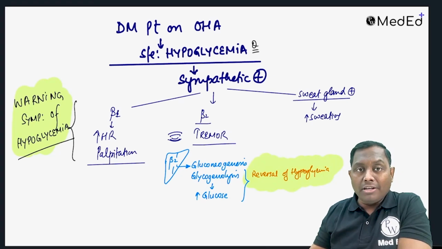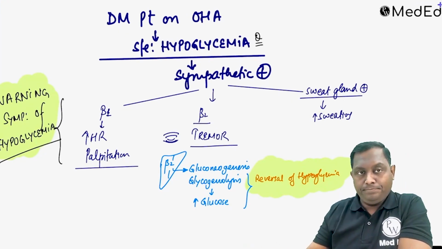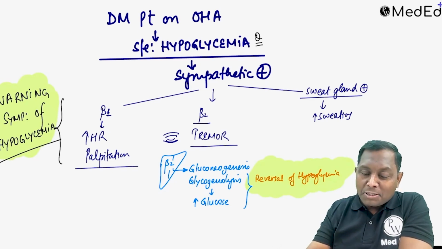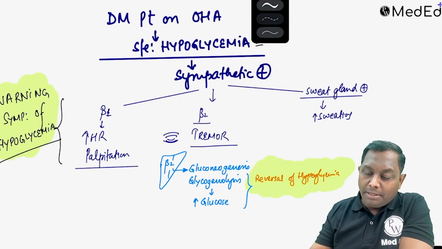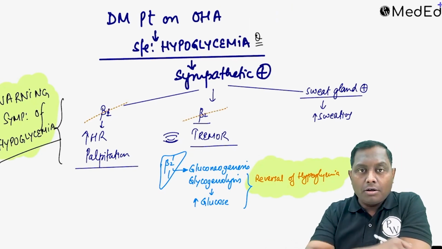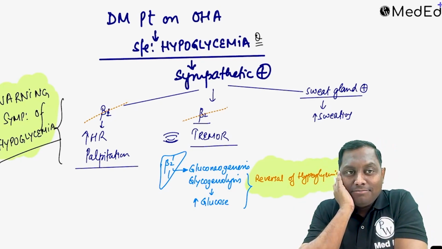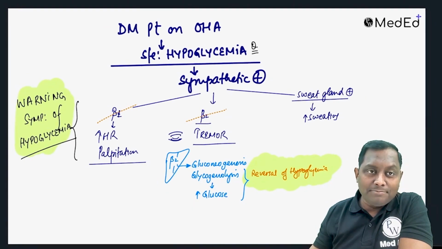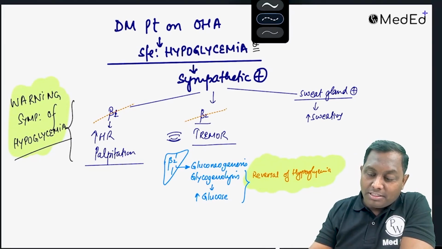But imagine if this patient takes beta blocker, or any physician prescribes him beta blocker without taking complete history, the beta 1, beta 2 is blocked. In presence of beta blocker, do you think this patient will have warning symptom? Think, tell me. Do you think warning symptom will come?